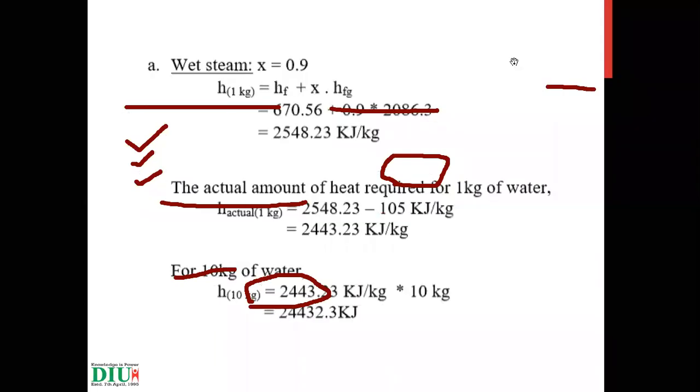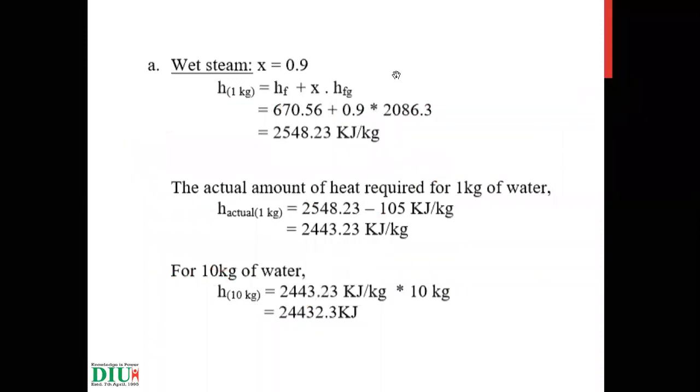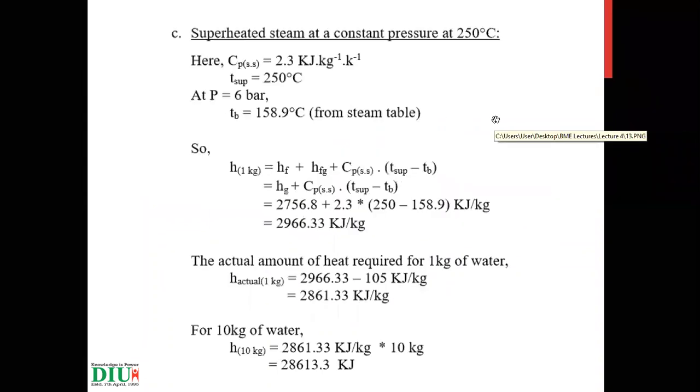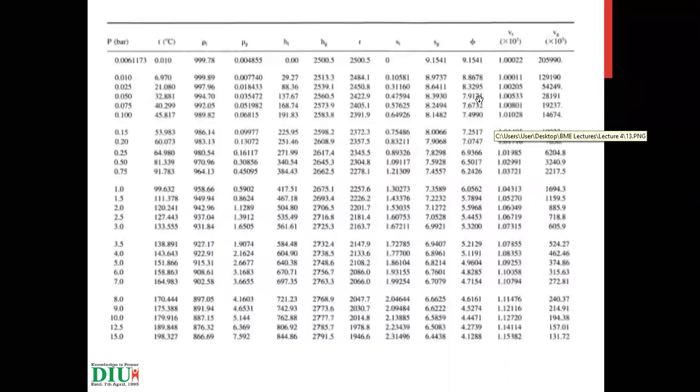Now we will calculate for wet steam. The value is given here already, x equals 0.9, and the steam pressure is given as 6. So let's go to the steam table and find the value for 6. You see that 6 is given here.